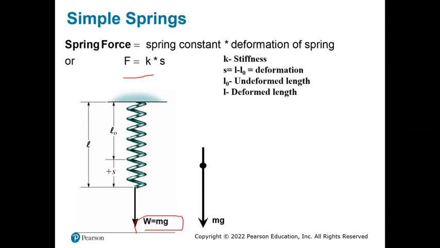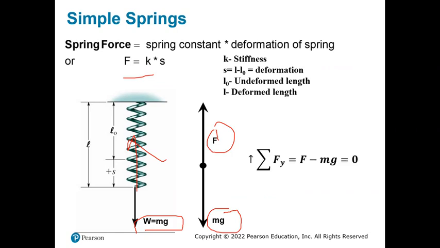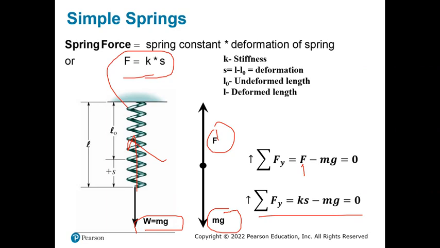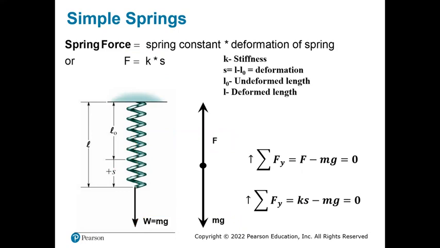I know there is a spring force acting, that's my F. The spring force should be equal to the weight acting downwards for the spring to be in equilibrium. So instead of F, I put K times S. So I can get the spring constant, or you can get how much it has elongated using this equation if you know the spring constant.